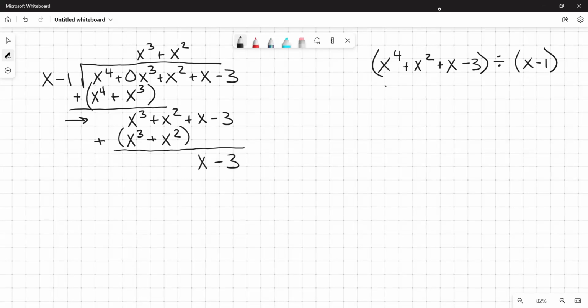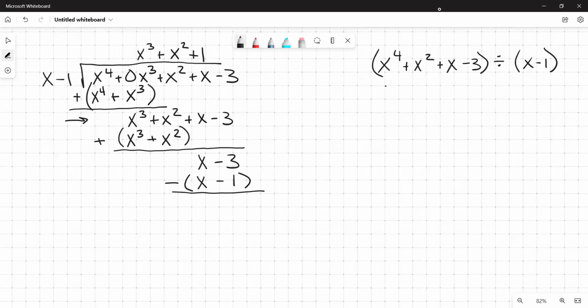So x goes into x positive 1 times. So 1 times x is x. 1 times negative 1 is negative 1. Subtracting again.